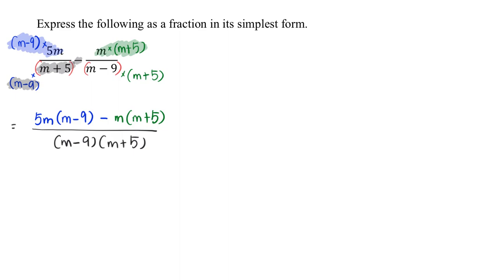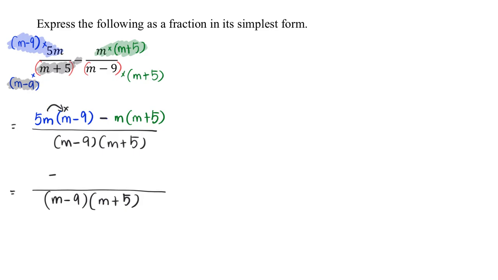Let me make this black color so that it's neater. Okay, now that we have successfully made them into a single fraction, then we will start to expand and simplify the numerator. But before that, let me just write the denominator down. And we can then start already.